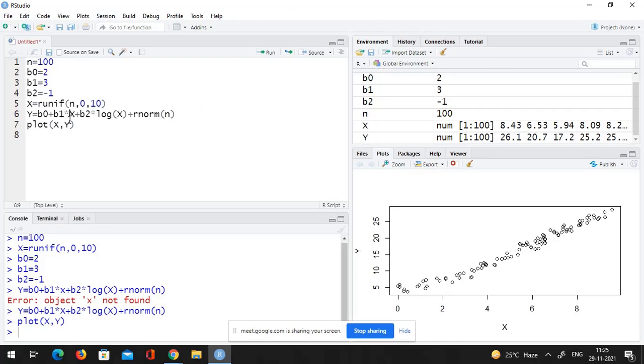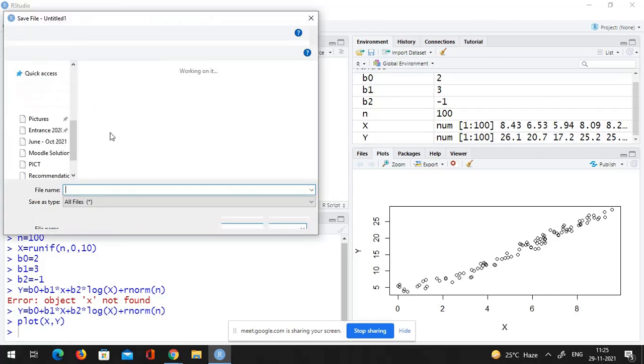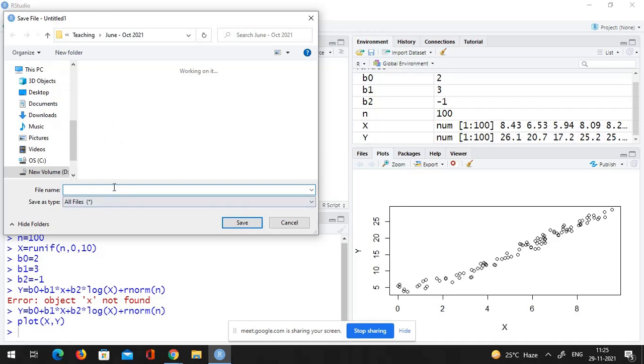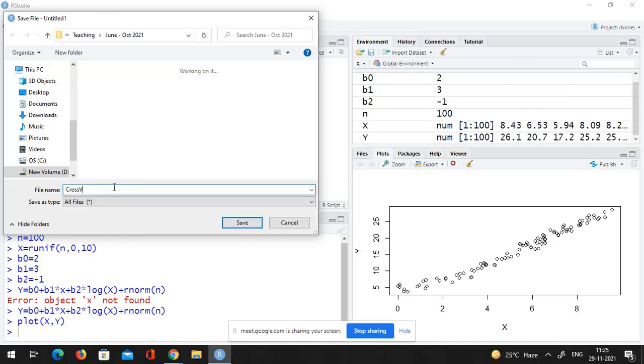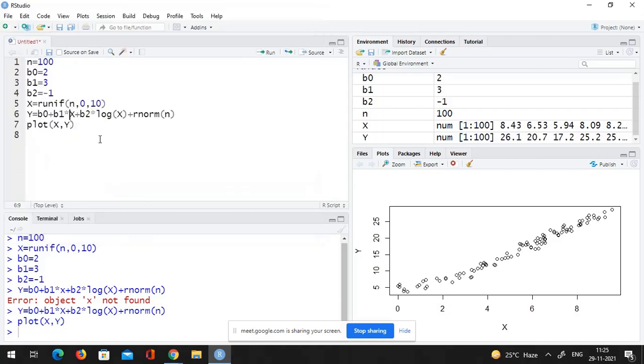And now what we are going to do, we are trying to find the relationship between x and y via different methods, and we have to compare different cross validation methods. So first we will go for the train test approach, and in each method we are going to have multiple trials.